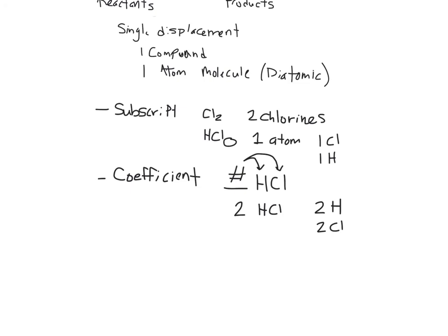Let's say we had H2SO4. Now we know that SO4, sulfate, is a polyatomic ion. Let's say we add a coefficient of 2. Now we have subscripts and coefficients going on. So here we have 4 hydrogens because the 2 and this 2 are both being applied to that hydrogen.